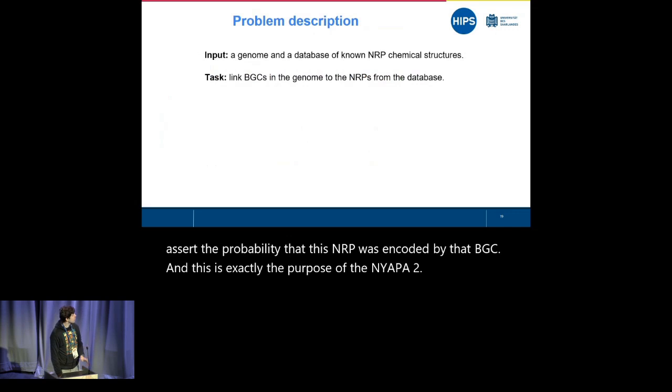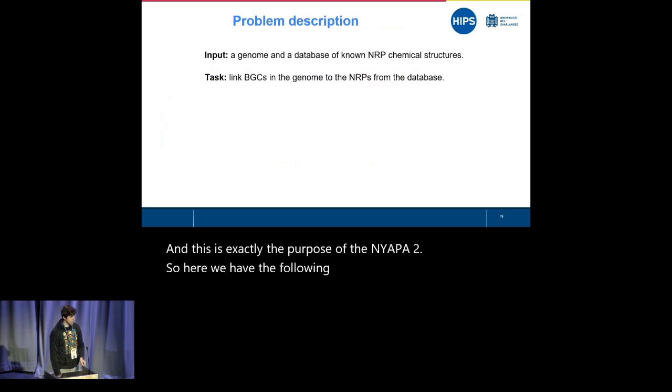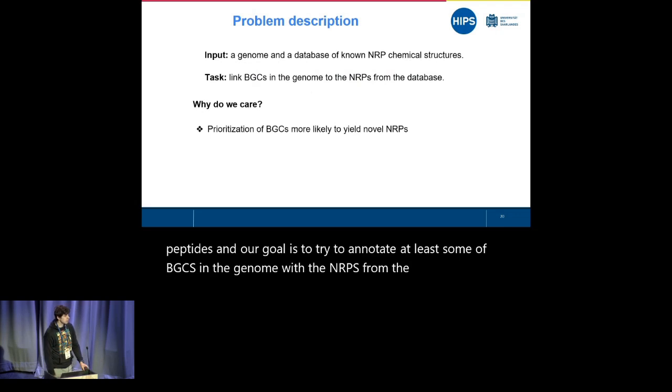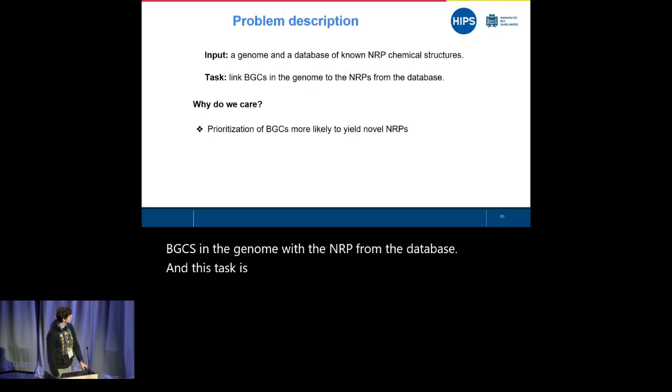So here we have the following problem. We are given a genome and some database of known nonribosomal peptides. And our goal is to try to annotate at least some of the BGCs in the genome with the NRPs from the database. And this task is important for several reasons.